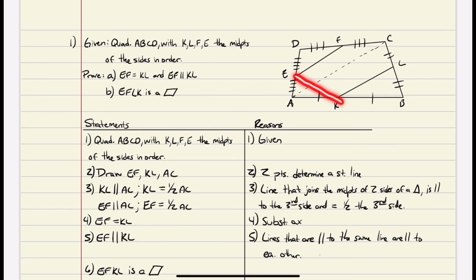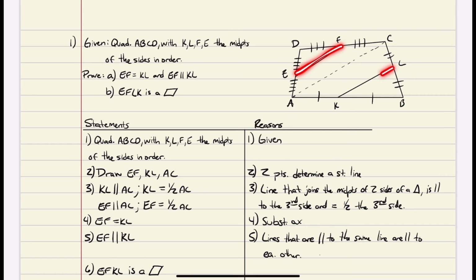But in our own mind, we can see that 4 points make a quadrilateral. So EFKL, or EKLF, however you want to say it, is a parallelogram because we just stated that this line and that line are parallel to each other, and we also stated that they are equal to each other.